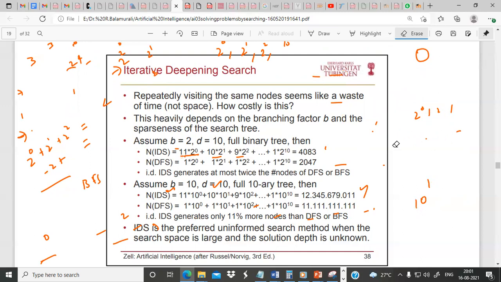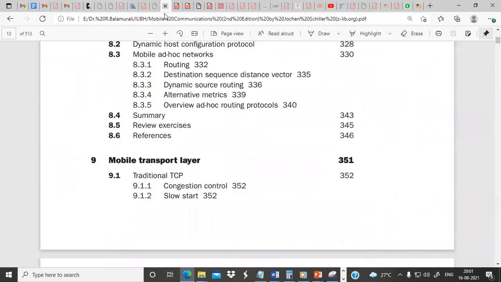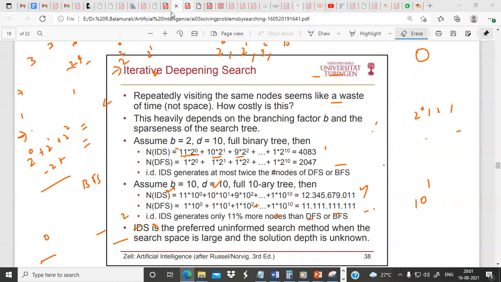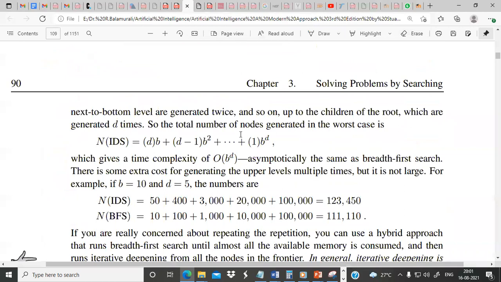Regarding this calculation, there is one more thing I want to show you. This is a formula we can use to identify the number of nodes an IDS will be generating. If you are unable to follow whatever I have explained, you can just use this formula.